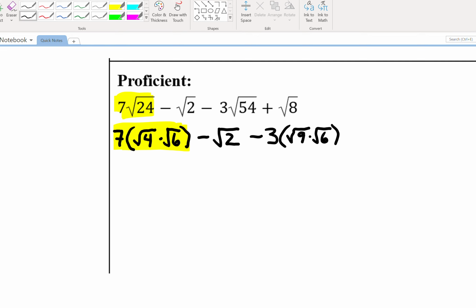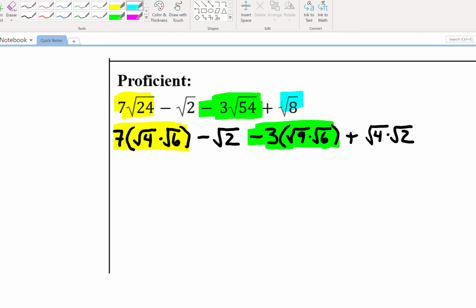Once again, equal to what we had before. And then we've got plus the square root of 8, and so this is plus the square root of 4 times the square root of 2. And we see this is the same as this.